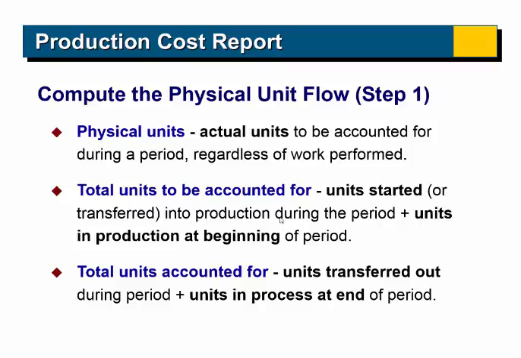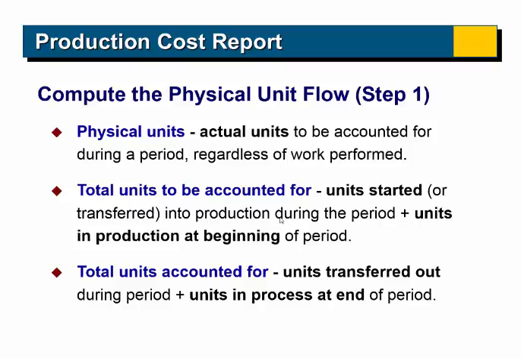For our total units accounted for, we are going to be able to take the units that were transferred out. That was 700,000 of the 900,000, plus the units that are still left in work in process at the end. So the ending WIP units, 200,000.